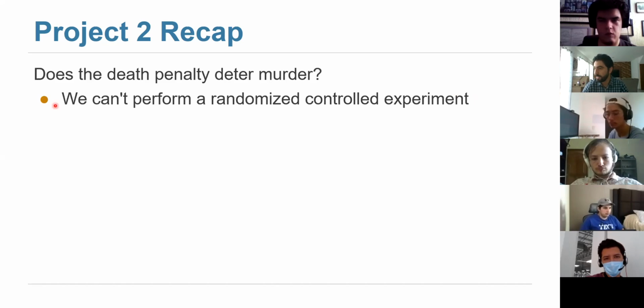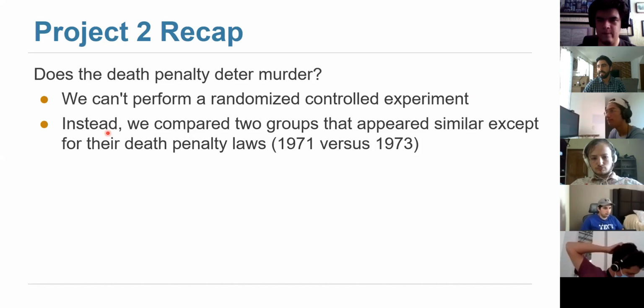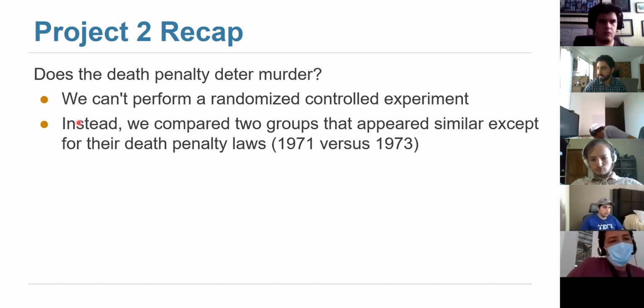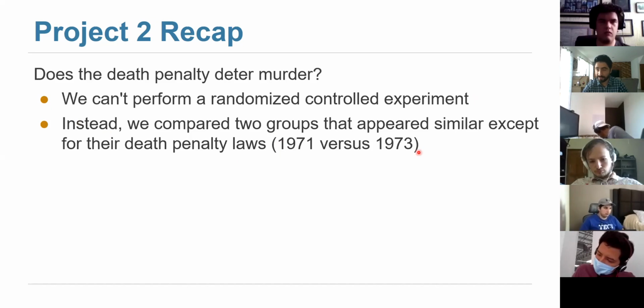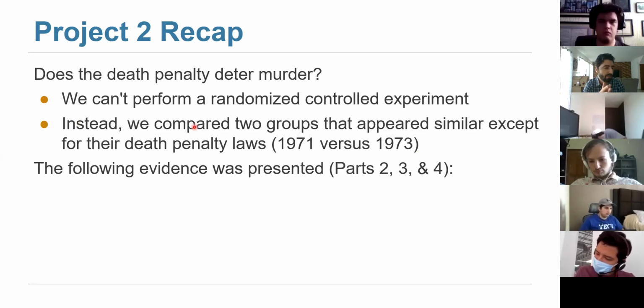We cannot do this type of study here. But what we can do instead is compare two groups that appear similar except for death penalty laws. That's why we look at these two periods, 1971 versus 1973, where the death penalty was eliminated for some period, then reinitiated.